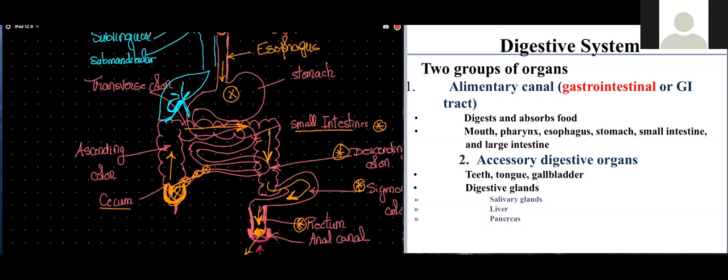Another gland that will be playing a major role in the digestion of the foods that you're ingesting is going to be the pancreas.